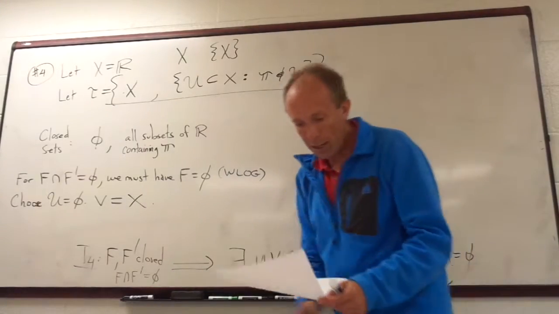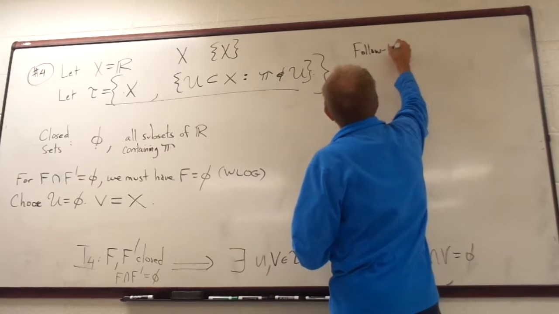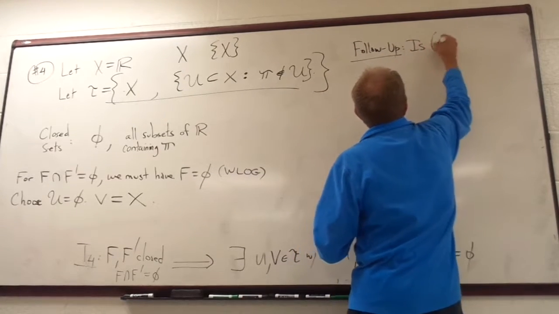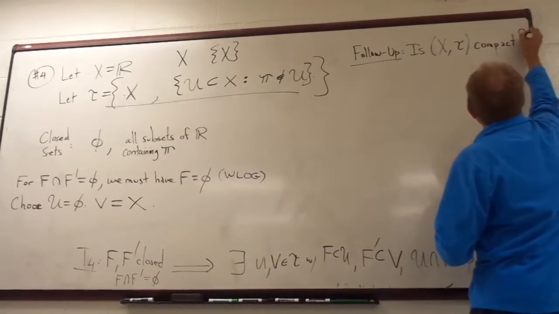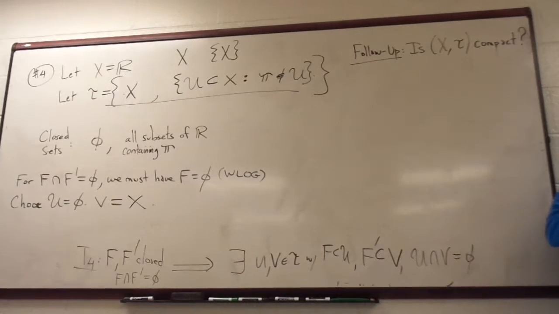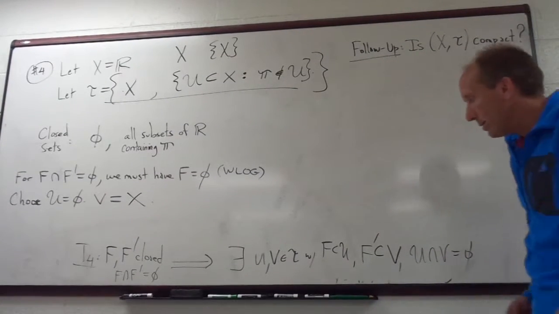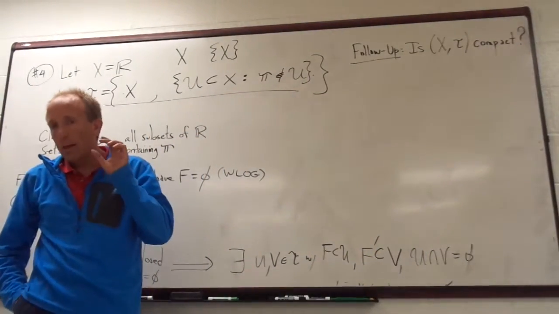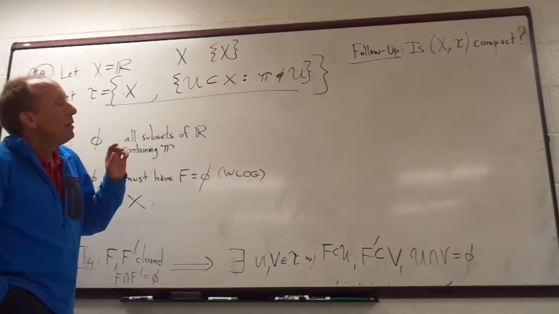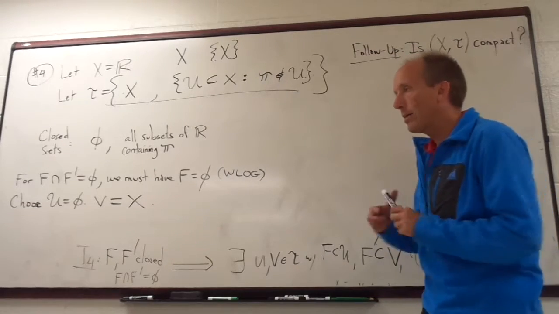Okay, let's talk about a follow-up here. Is (X, tau) compact? I haven't done much with this yet, so I want to start thinking about the 7.1 stuff. Is this a compact space? So let's just remember, a compact set is one where every open cover has a finite subcover.